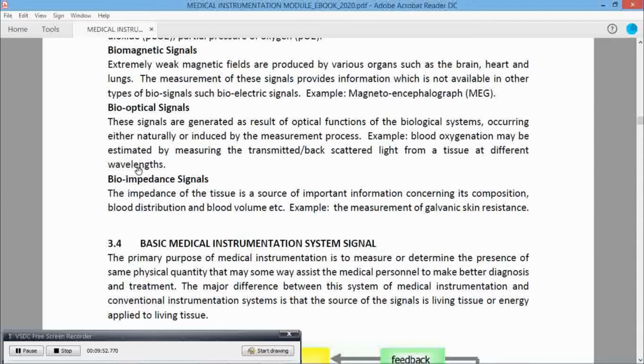So if you use different sensors, you get different types of measurement. For example, in the pulse oximetry system, if you want to measure the oxygen saturation, you need to use a different type of optical sensors, for example infrared optical sensors.